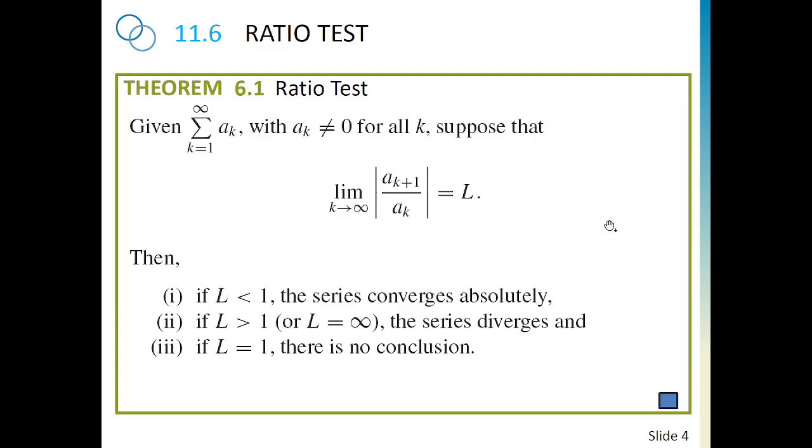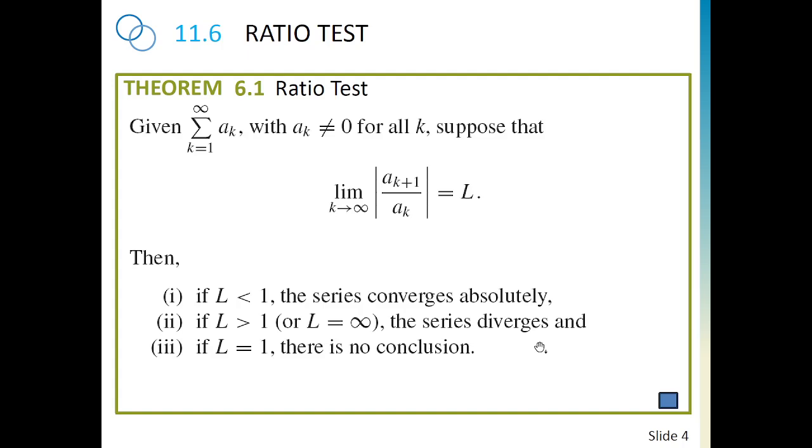What is interesting here is that the application will be quite easy. In the case where the limit of the ratio of two consecutive terms is smaller than 1, the series is absolutely convergent. That's very powerful. That means the series is also convergent. But also, when the limit of the ratio is bigger than 1, we can conclude the series is divergent.